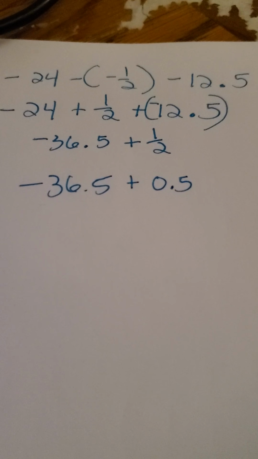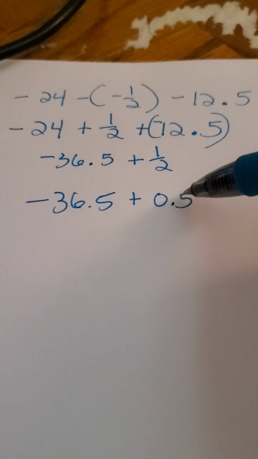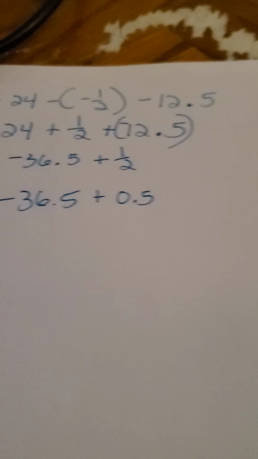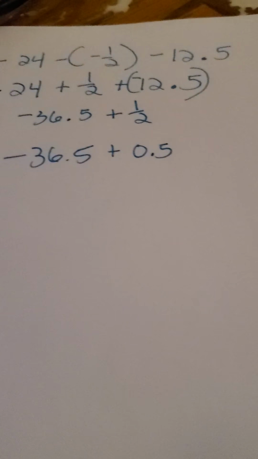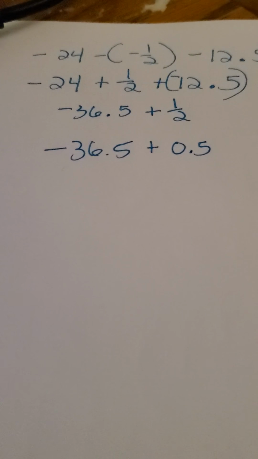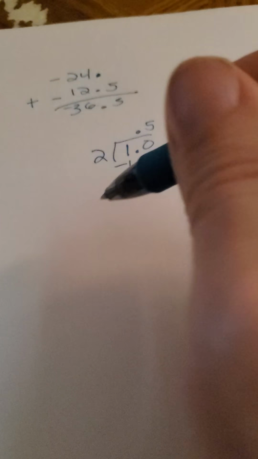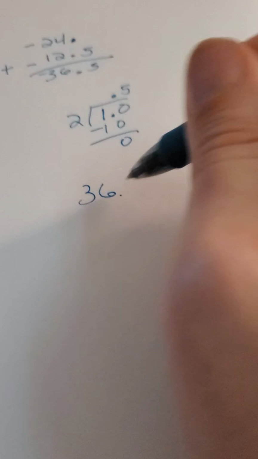So 36.5 plus 0.5. We have a negative plus a positive, so that means these two numbers, you're going to subtract them. Which number is greater? The greater number has to go at the top. 36 or 0? Hopefully you know that 36 will be larger in terms of the number's distance from 0.